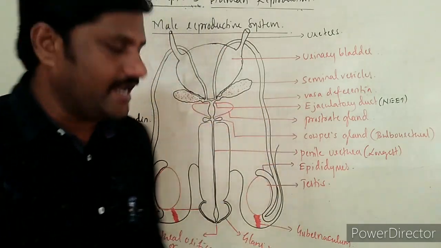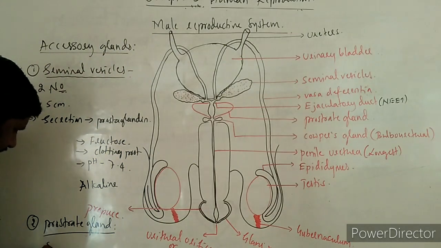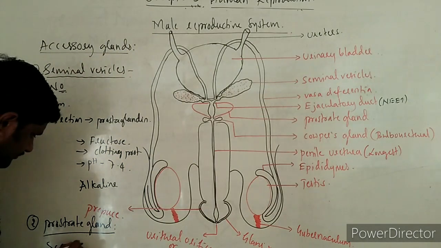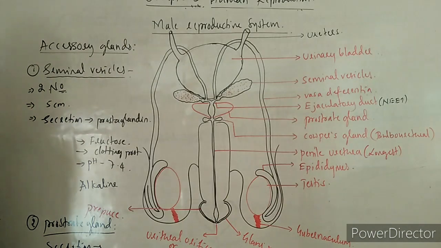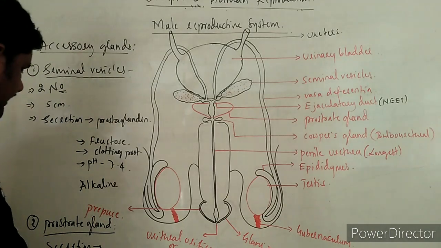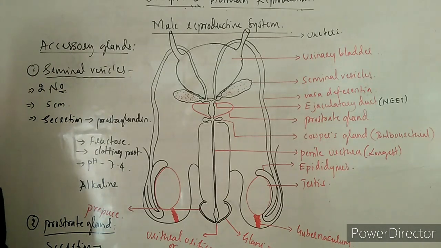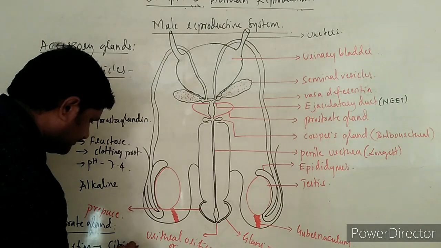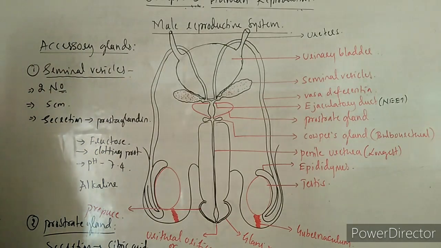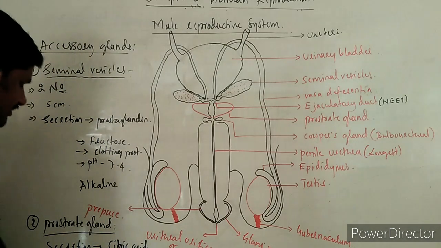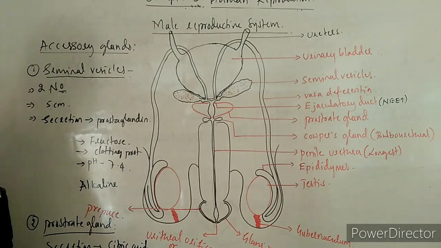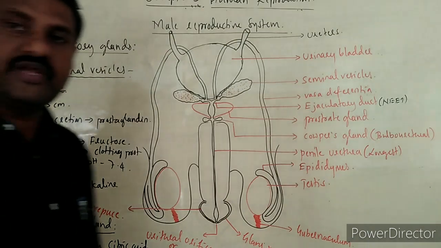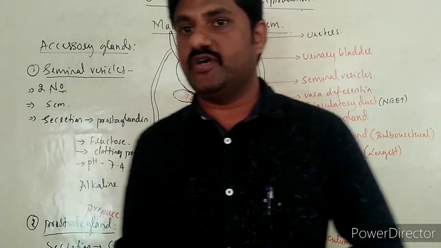So this prostate gland also secretes a secretion. Prostatic secretion mainly consists of citric acid, which is the major nourishment source for the sperms.